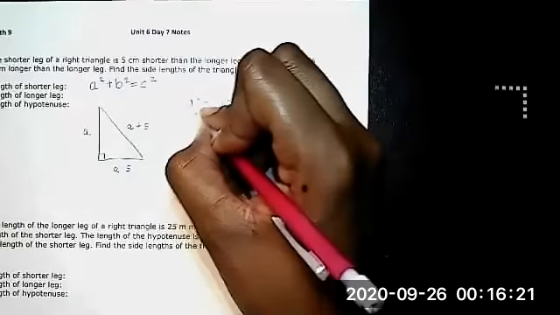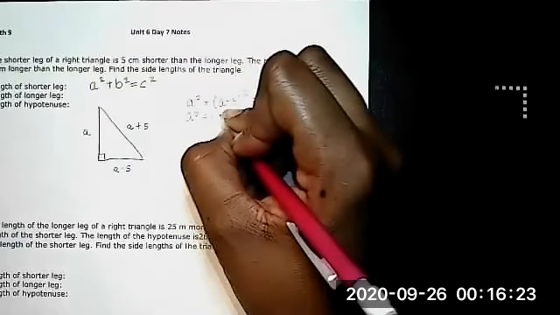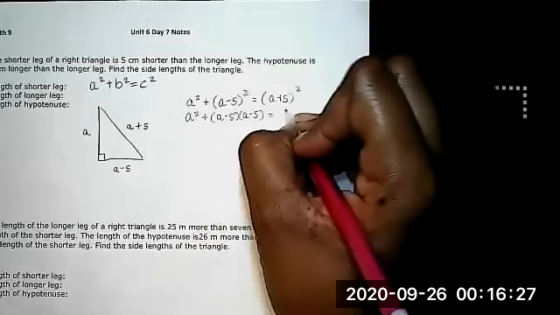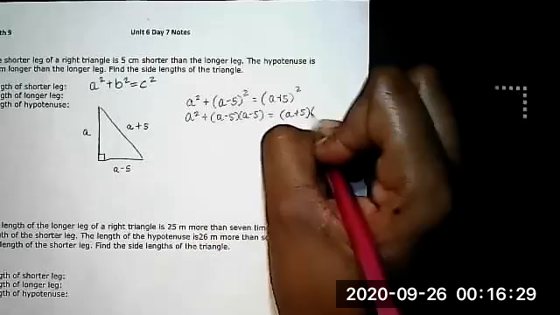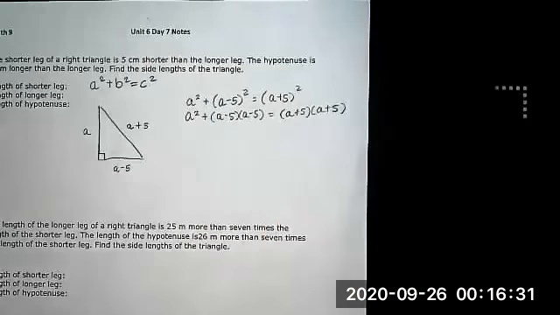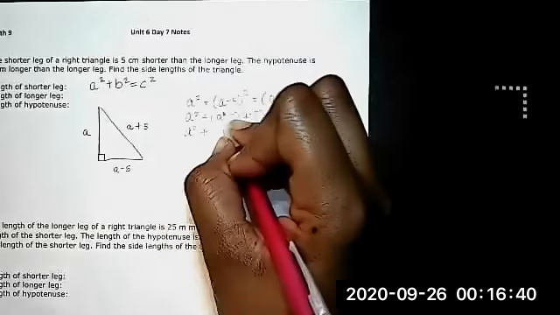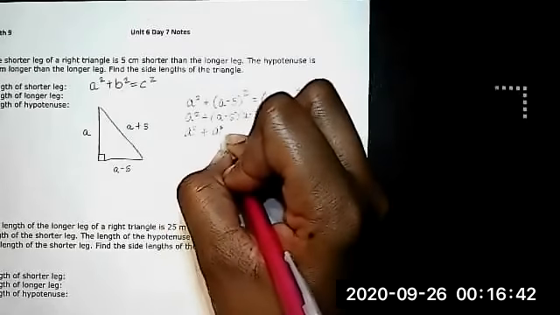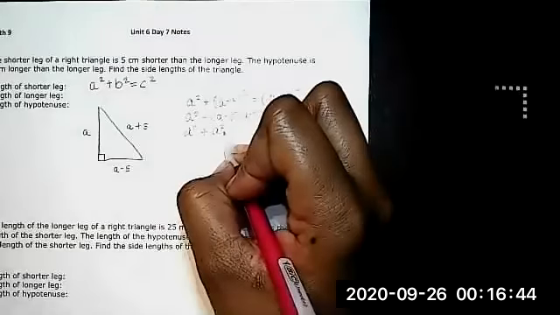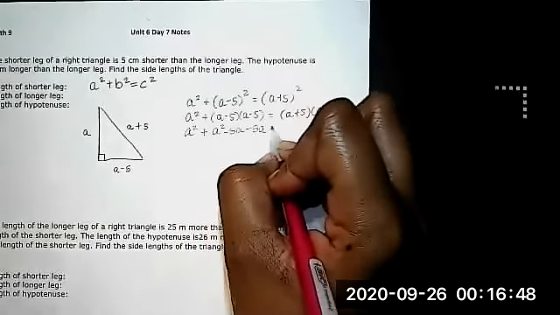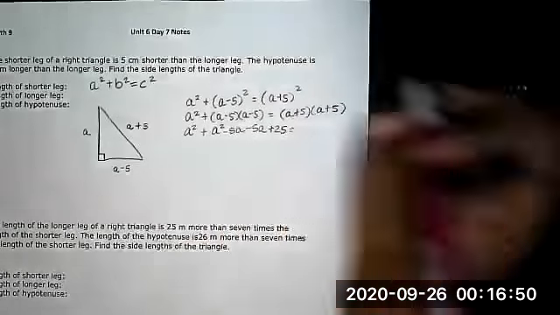So A squared plus A minus 5 times A minus 5, since we're squaring it. Same thing over here, A plus 5 times A plus 5. So it's craziness. This becomes A squared plus, we're going to FOIL it, A squared minus 5A minus 5A plus 25.